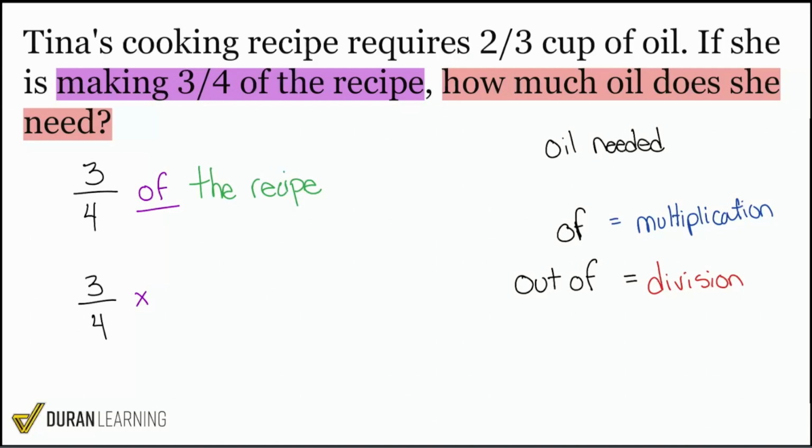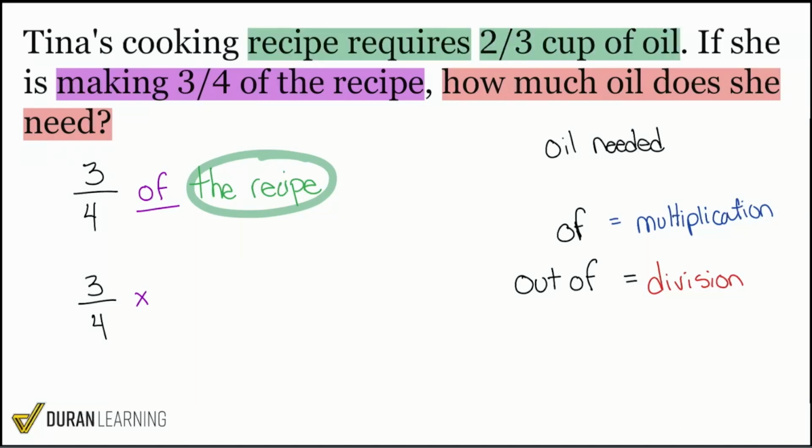And how many cups of oil is the recipe? Yeah, it's 2/3 of a cup right here. Let me just circle this here. The recipe requires 2/3 of a cup of oil. So the recipe that we're going to bring down is 2/3 of a cup of oil.